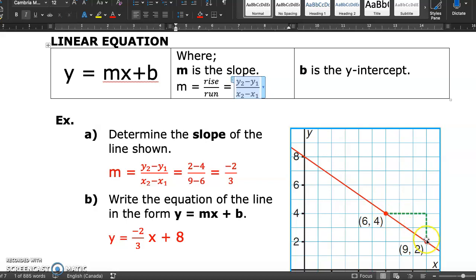And what that will give us is a calculation 2 minus 4, because the y2 minus y1, y from the first, is 4. And since each point is an ordered pair, x and y, we're using the second number in each case. Then x2 minus x1, so the x of the second point, 9, minus x of the first point, 6. 9 minus 6 is 3.